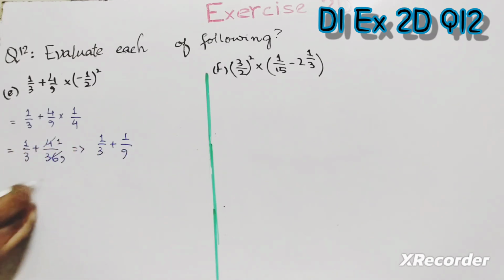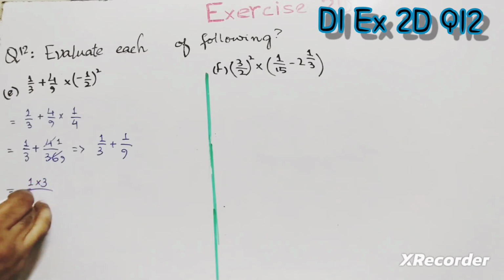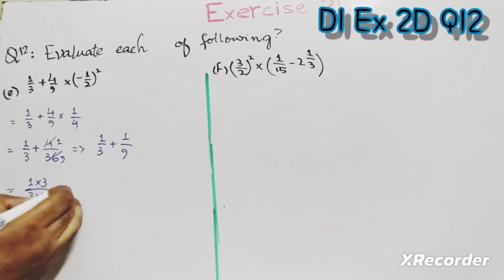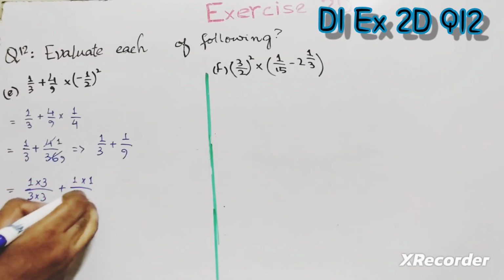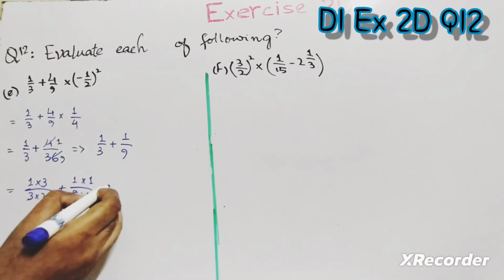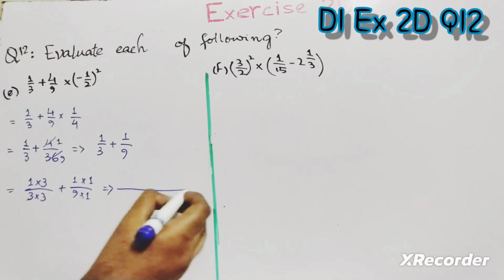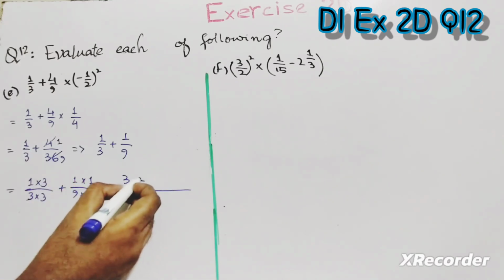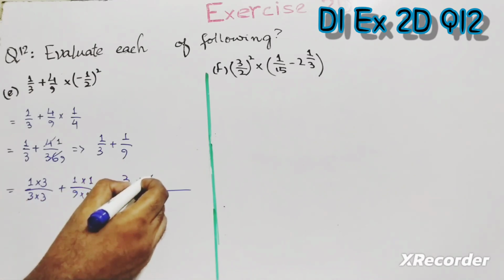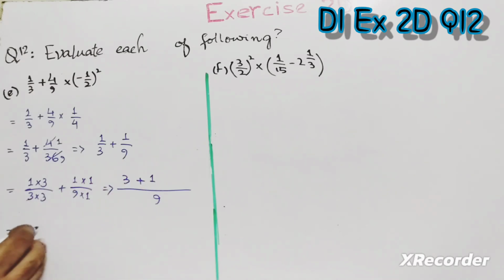The LCM would be 9, so we can write 1 multiplied by 3 as 3 multiplied by 3 plus 1 multiplied by 1, 9 multiplied by 1. What we get is common denominator as 9. 3 times 1 is 3 plus 1 times 1 is 1. So we get the answer of 4 upon 9.